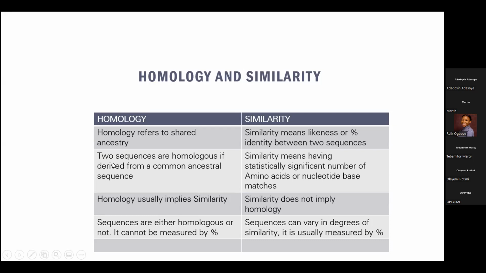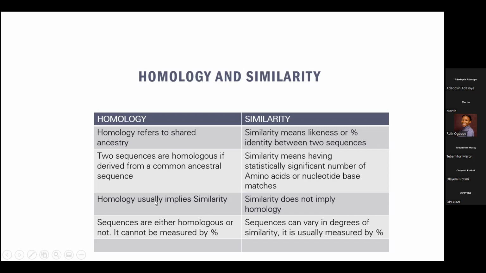Two sequences are homologous if they are derived from a common ancestral sequence. Similarity means having a statistically significant number of amino acid or nucleotide matches. So similarity can be calculated, while homology can't.